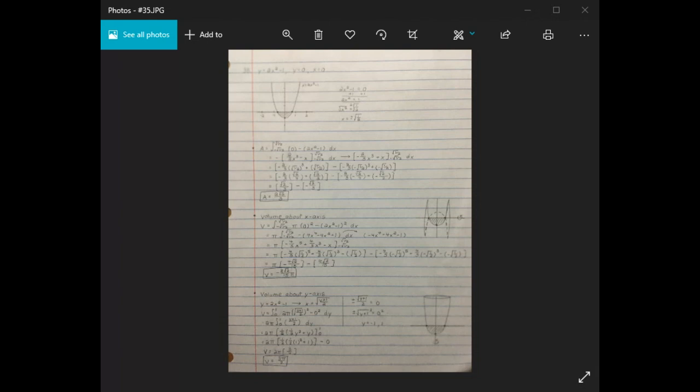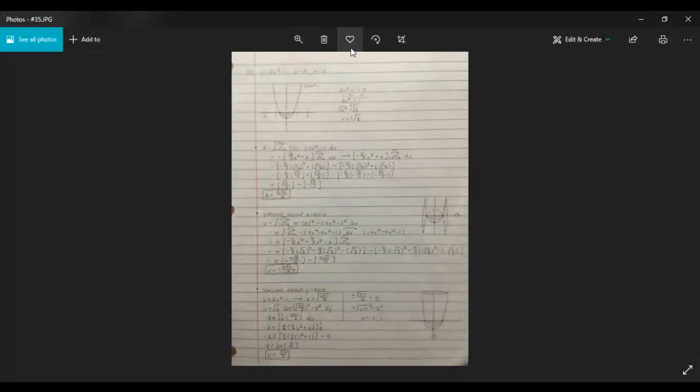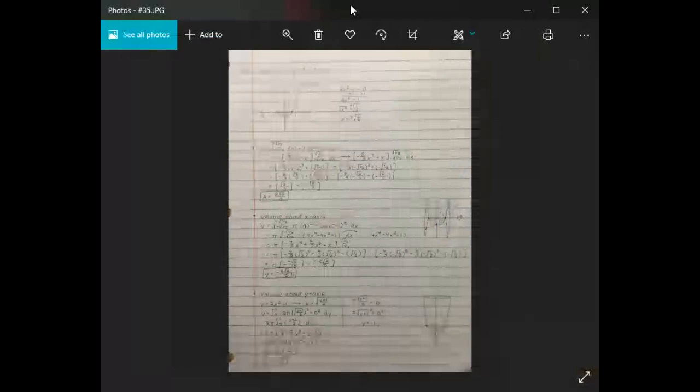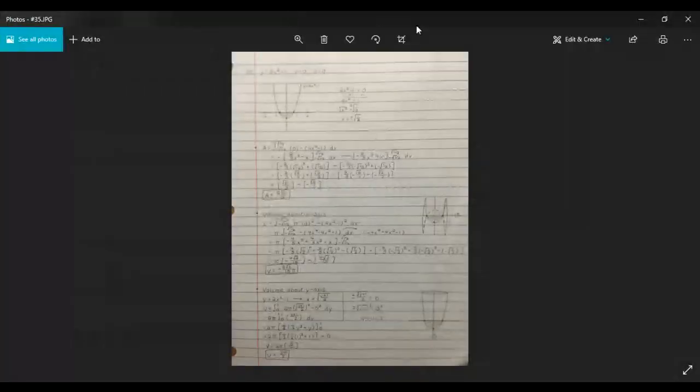Can you show us the radius in the picture? Oh, you want me to show you the radius? Right, can you draw it? You have pi r squared, but explain to us why the first r is 0, the second r is 2x squared minus 1.